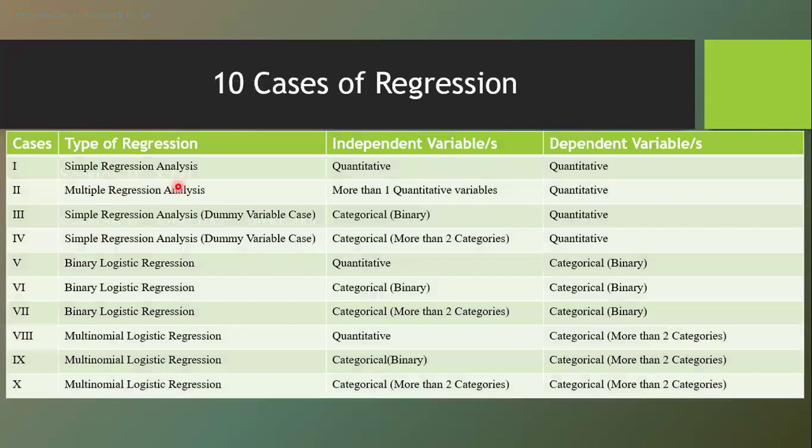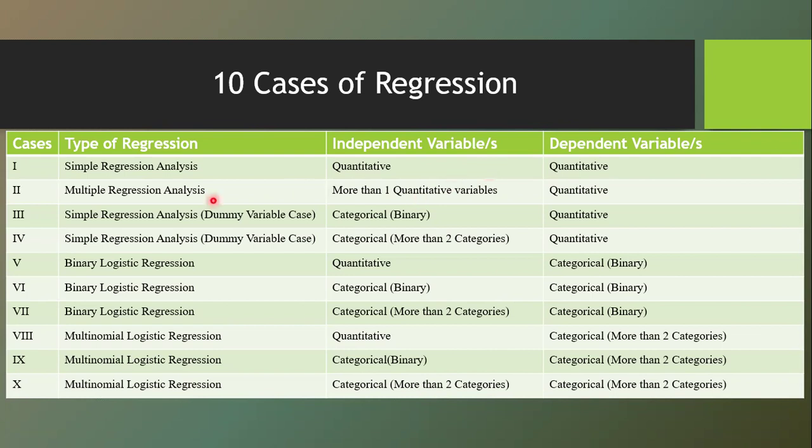In case of simple regression analysis, you can have a quantitative independent variable and a quantitative dependent variable. Whenever both are quantitative, you do not require any special procedure or treatment for your simple regression analysis.